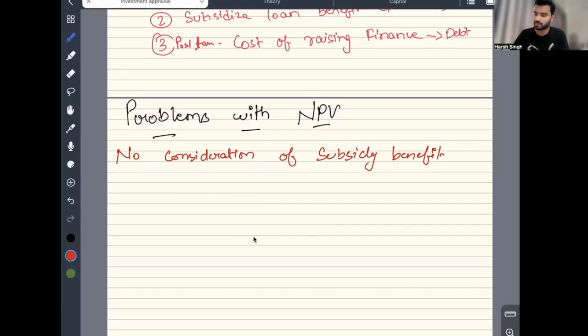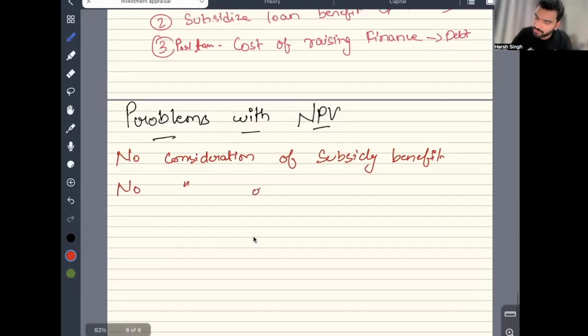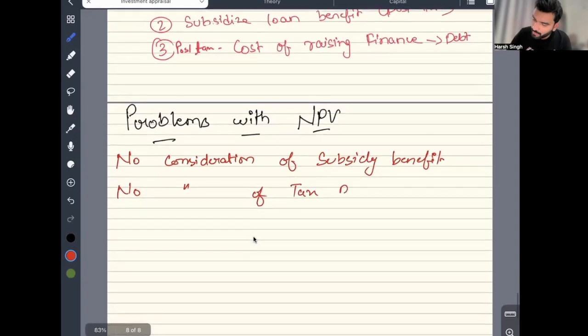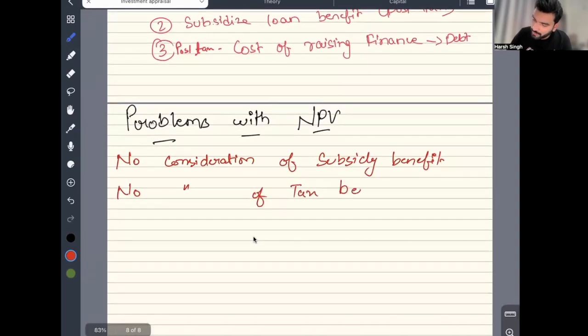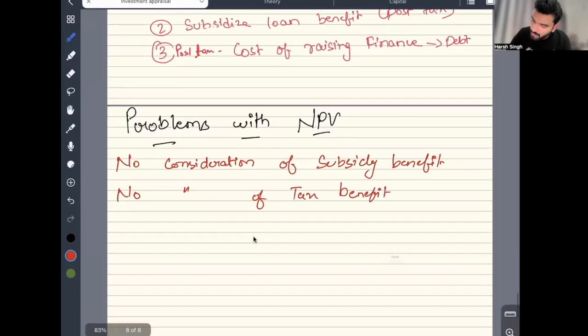So, no consideration of tax benefit on interest paid.